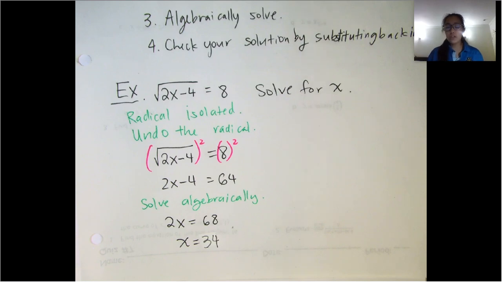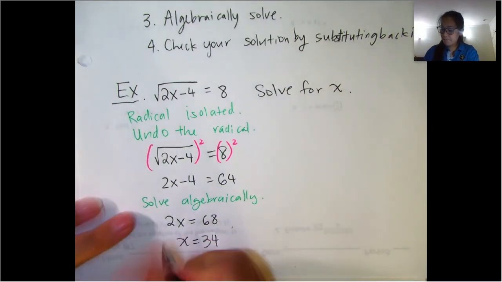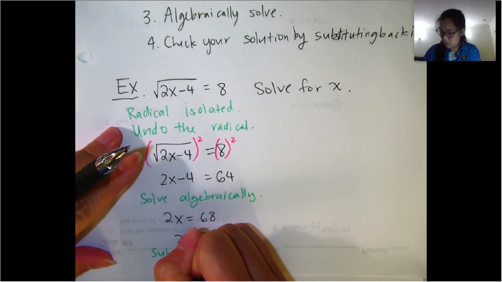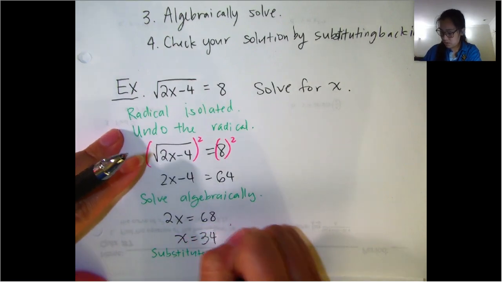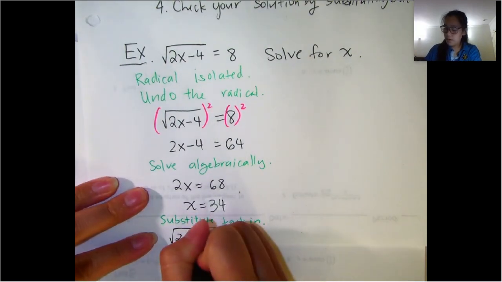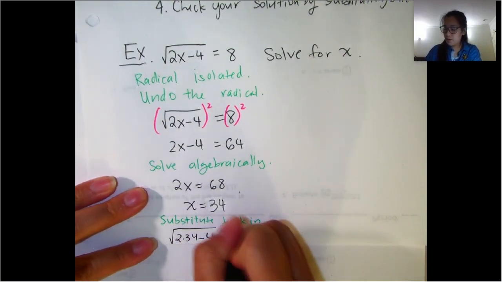No, we are not. You must plug this back into the original equation to make sure that it works. So we have the square root of 2 times 34 minus 4.